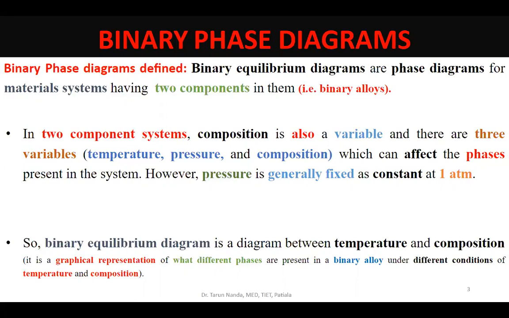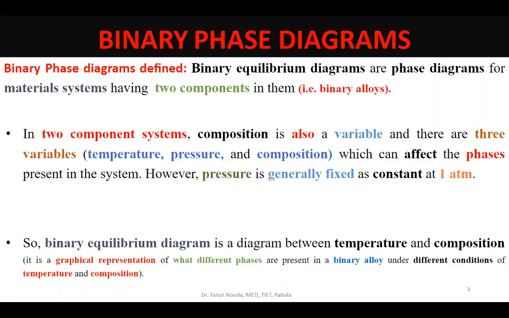And in this binary, we had started our discussion with classification of phase diagrams. We had said that equilibrium diagrams are classified on the basis of the number of components present in the material system for which the equilibrium diagram is being drawn.